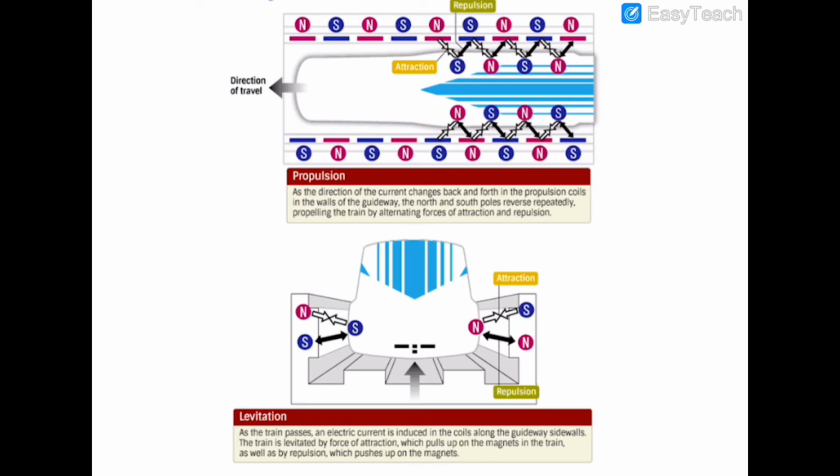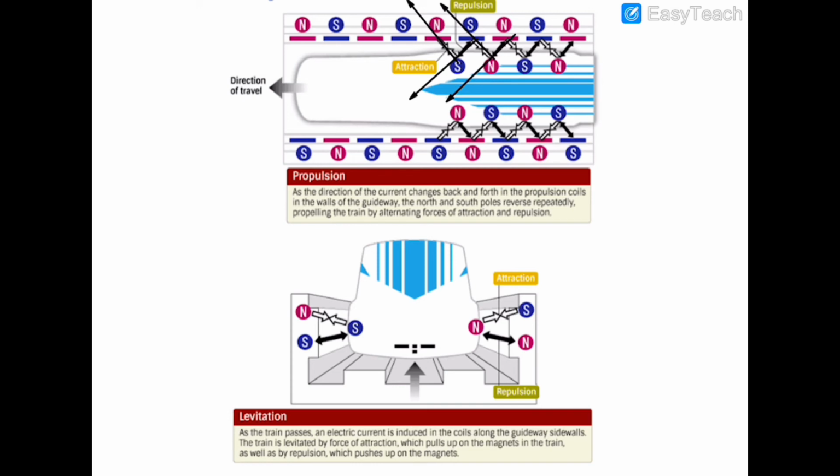Now I will demonstrate that this north is attracting this south, therefore a force will be generated like that on the train, and this south is repelling this south, therefore a force will be generated like that on the train. Similarly, this force is generated like this, and this is like that.